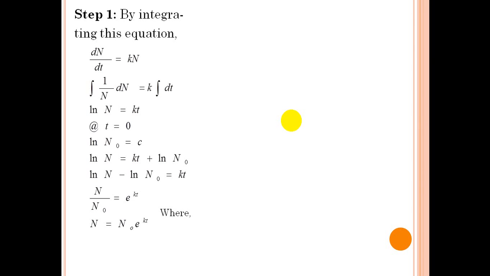Then at t = 0, where kt is equal to 0, c is equal to ln N sub o. Substituting this value, we obtain N equals N sub o e raised to the power of kt, where N sub o is the initial amount of radioactive material, which is plutonium, and N is the amount remaining of the material.